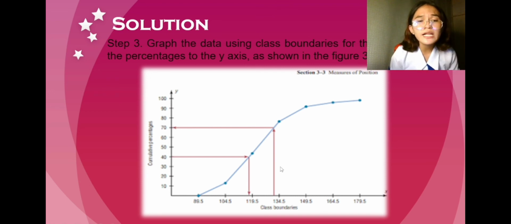So if the value is the 40th percentile, here. Start on the y-axis at the 40 and draw a horizontal line to the graph.